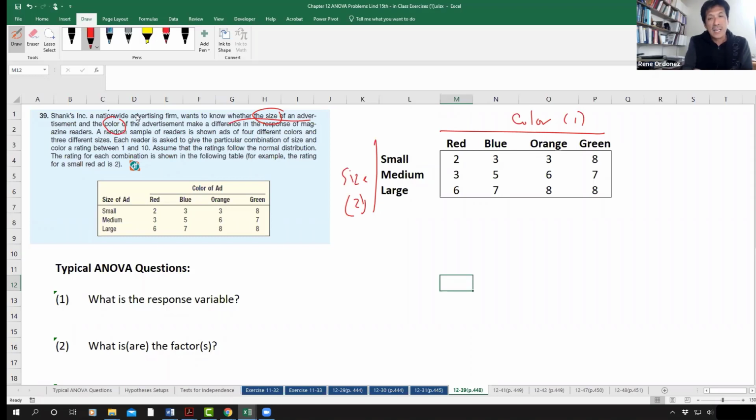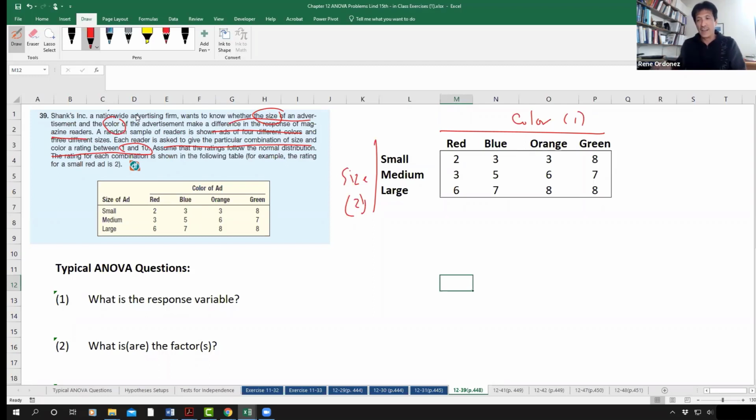So they want to see if size and color make a difference in the response of magazine readers. All right, so what is this response? Each reader is asked to give the particular combination of size and color a rating between 1 and 10.